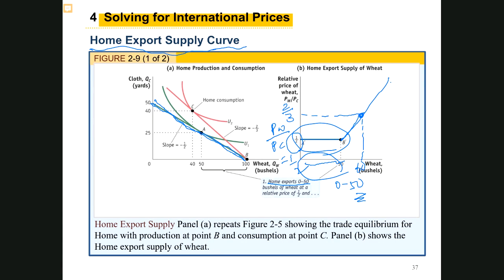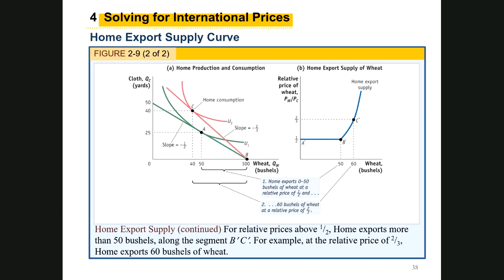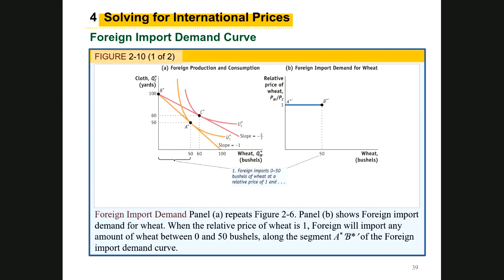On the other hand, who is the demand for international wheat? It's going to be the foreign country, right? Originally, the foreign country will import 0 to 50 bushels of wheat at a relative price of 1, like this. But after free trade, we will see 60 here, and the relative price of goods will become like this.